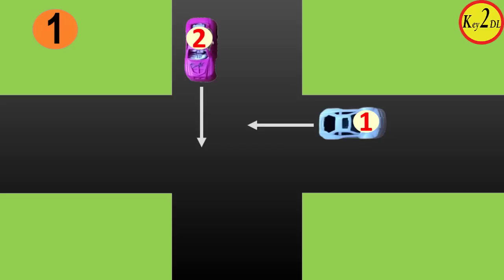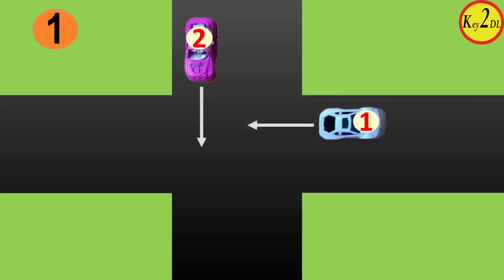So car 2 is approaching from the right of car 1, and hence according to the right hand rule, car 1 must give way to car 2. Other factors do not matter if there are no traffic signals or other traffic signs. So the driving order should be car 2 first and then car 1. This is the right driving order in this particular situation.